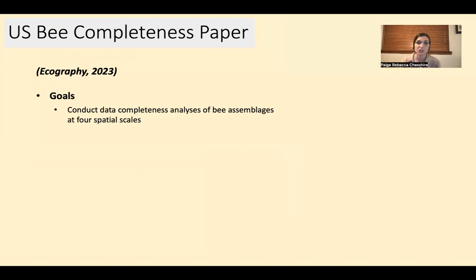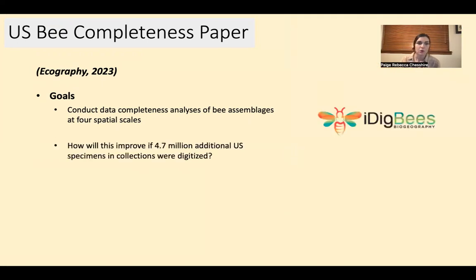We also had an additional element where we knew from a survey done by iDigBees across many US institutions that there are at least 4.7 million additional US specimens in US collections that could be unique and digitized and added to our data set.